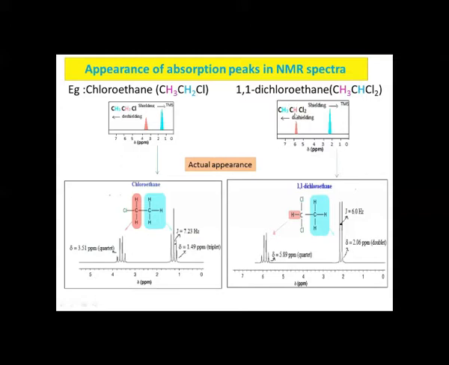The CH proton is connected with the CH3 protons, that is 3 protons, so the signal of the CH proton will be a quartet. And the CH3 protons are bonded with 1 proton, hence the signal for this methyl group will be a doublet. How does this splitting occur? That will be discussed in the coming slides.